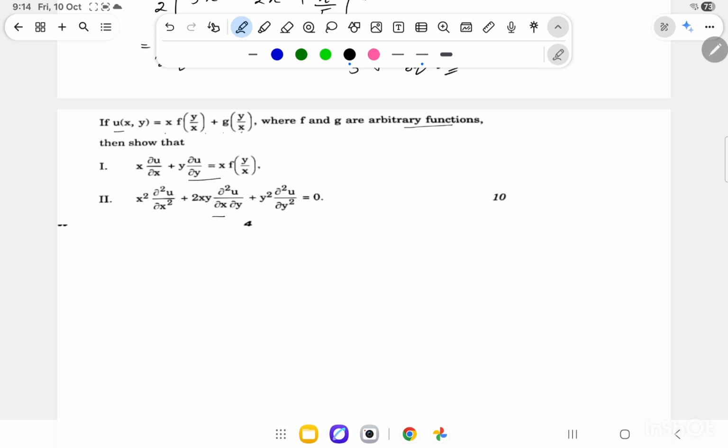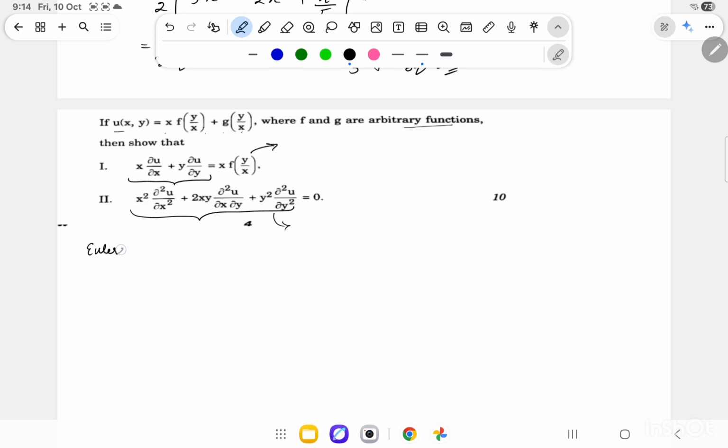If you observe the left hand side of both relations 1 and 2, you can recall that these are related to Euler's theorem. This one is related to Euler's first theorem, and likewise this one is related to Euler's second theorem.